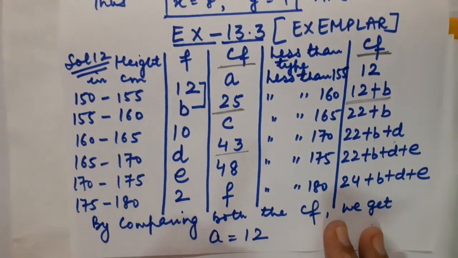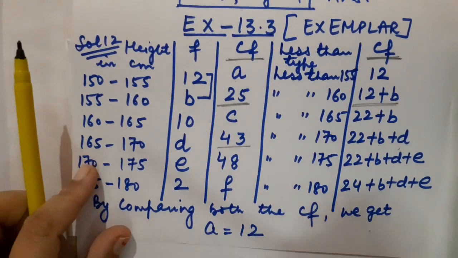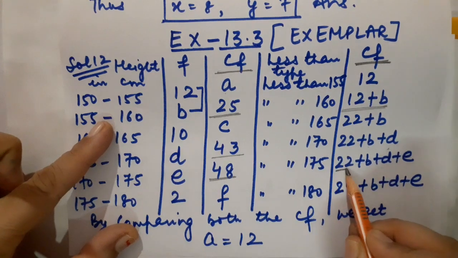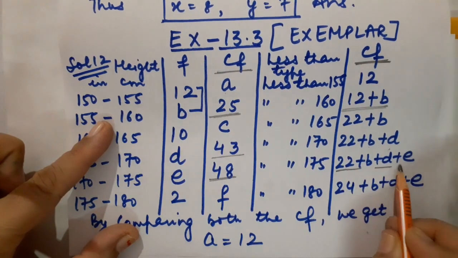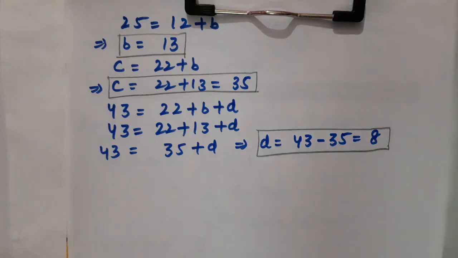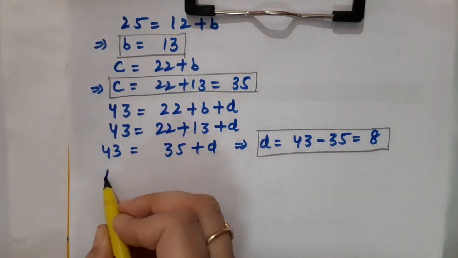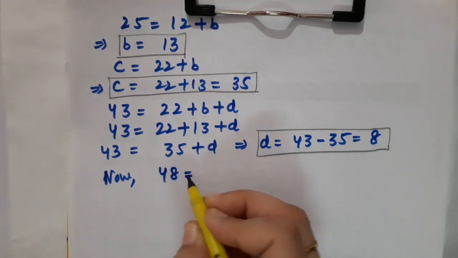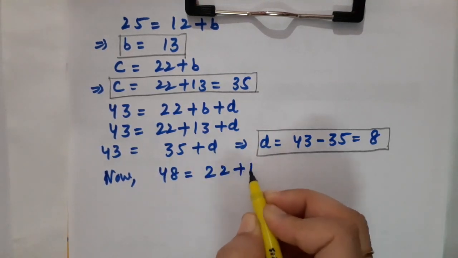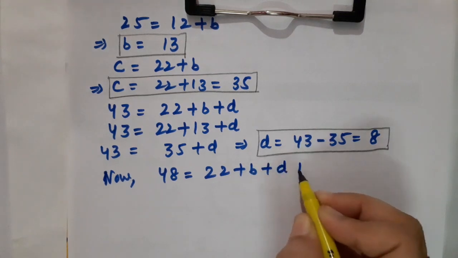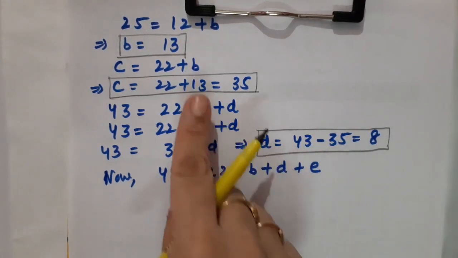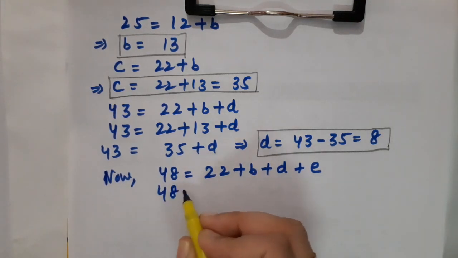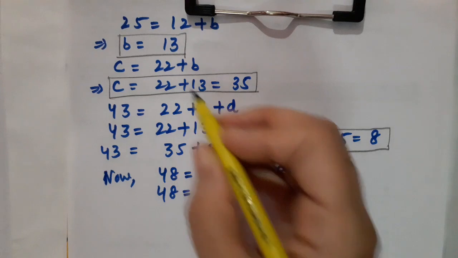Now let us compare the next one. Next one is 48, which must be equal to 22 plus B plus D plus E. So let us equate them. 48 is equal to 22 plus B plus D plus E. The value of B and D you know. Put here and come to know the value of E. 48 is equal to 22 plus, what is the value of B?